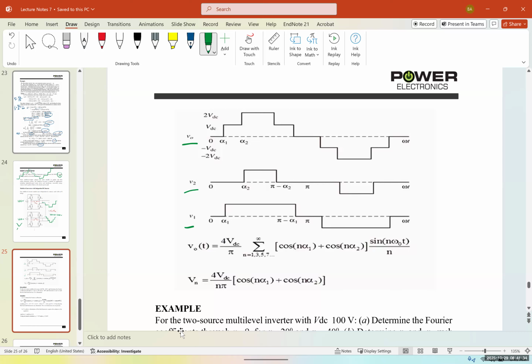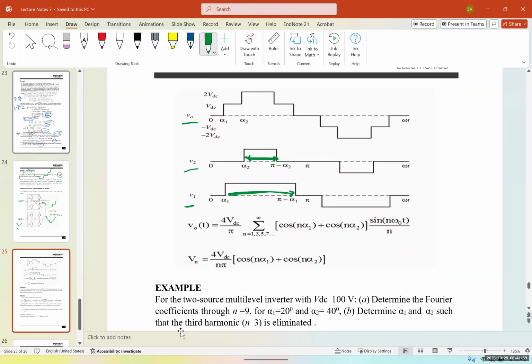So the first one has a higher width. The second one has a smaller width. By adjusting these, what we call firing points, alphas, and start points, we can create different voltages.